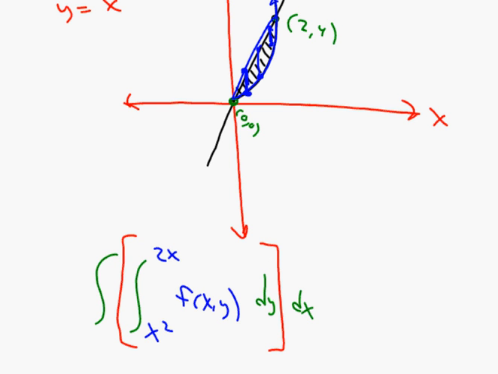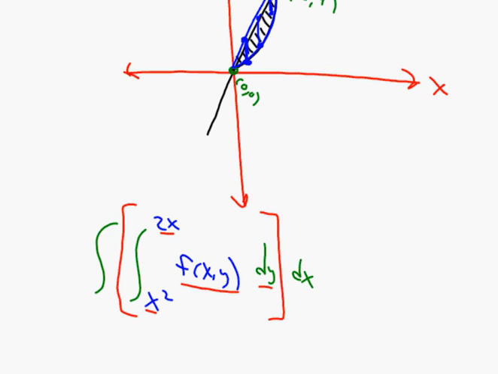And since it's being integrated with respect to y, you're going to take the partial antiderivative of this thing with respect to y. The expression you get, you're going to sub this in for y and subtract those two values. And you're going to get an expression that will have only x in it. So if you look at this inner integral here, you're only going to get back an expression with x in it.